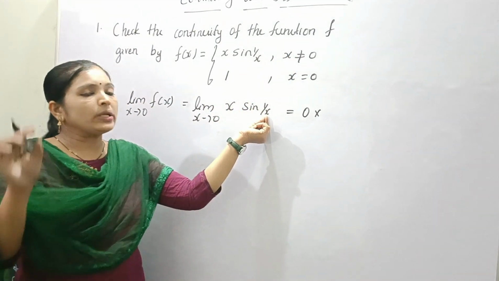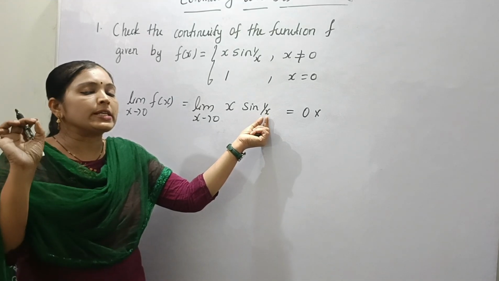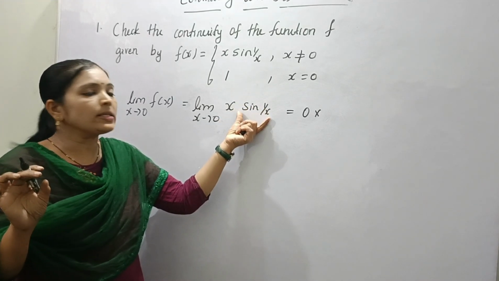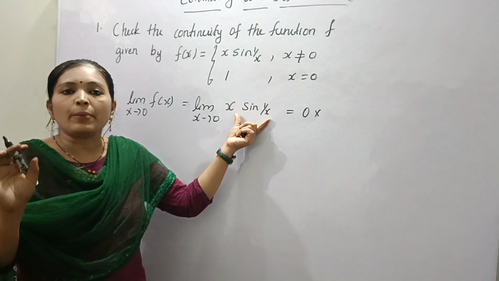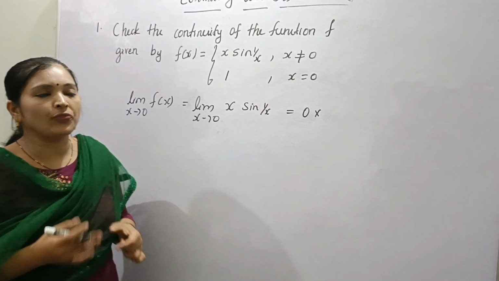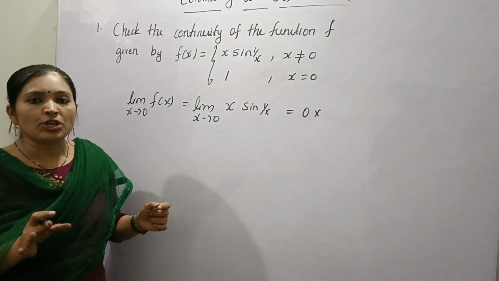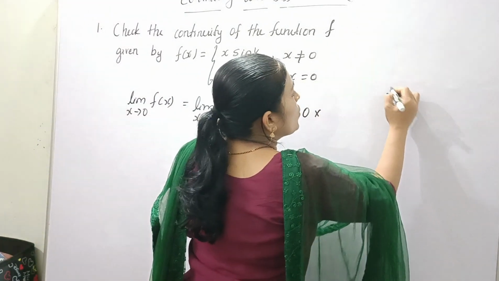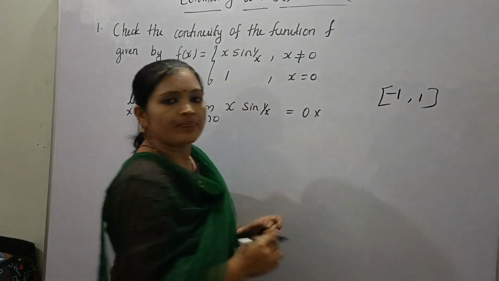So when you substitute a value close to 0, you will get a finite number between minus 1 and 1, because we know that the range of a sine function is the closed interval minus 1 to 1.